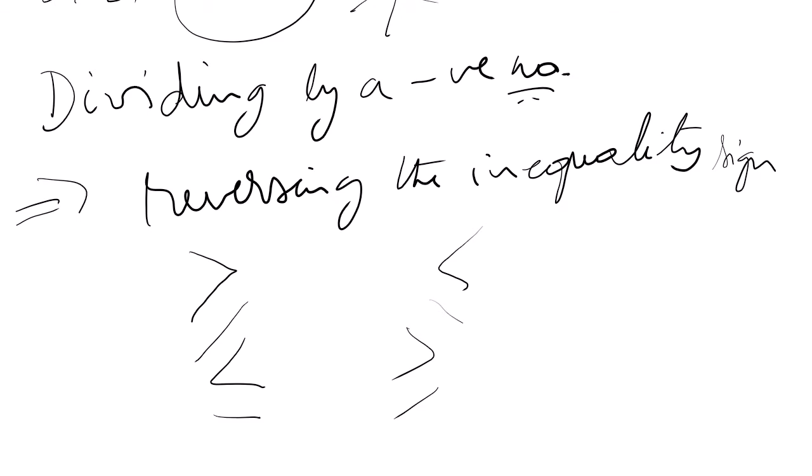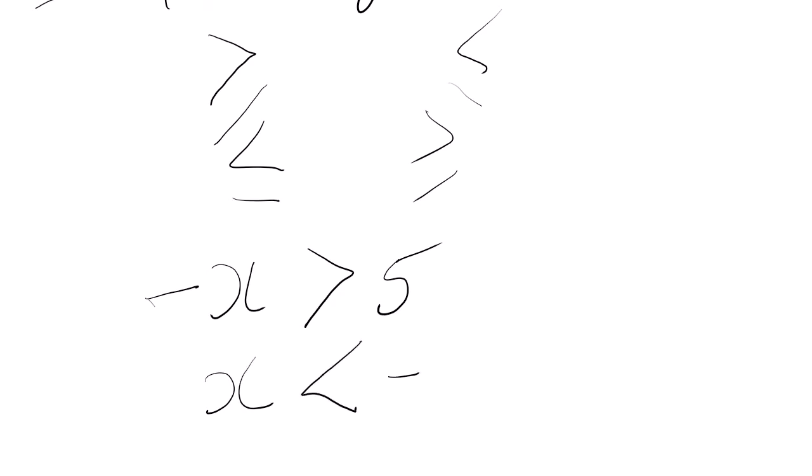Sign is changed means, for example, unless I give you an example you will not understand. Suppose you have minus x is greater than 5, and you want to know the value of x. So x is less than minus 5.